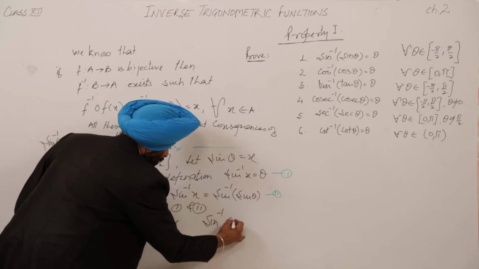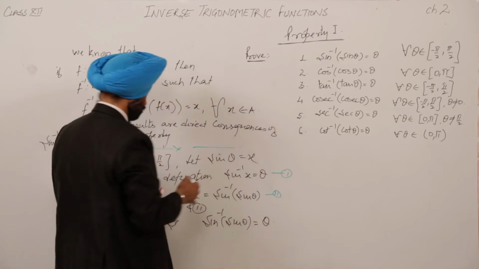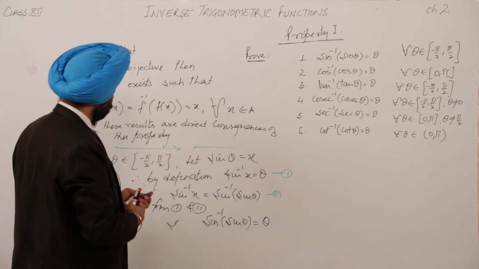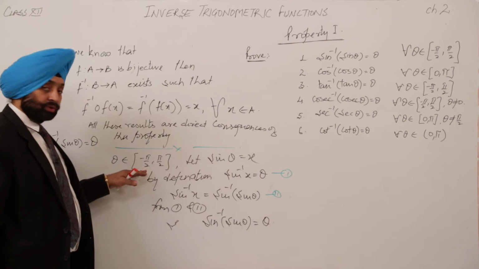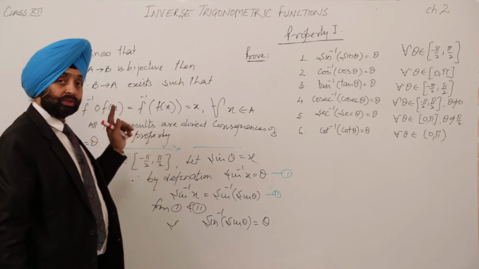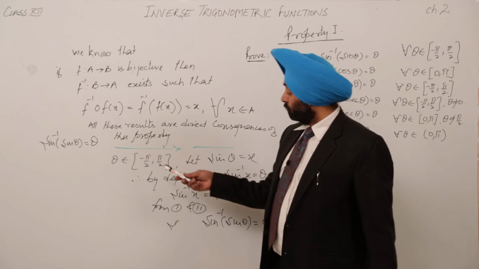Sine inverse sine theta is equal to theta. So we got this, for principal values from minus pi by 2 to pi by 2, for the sine inverse part, when it is invertible.